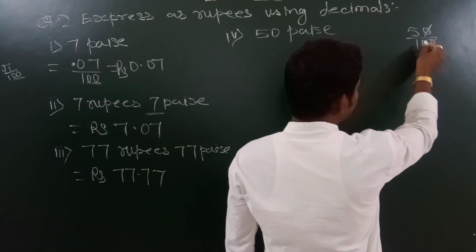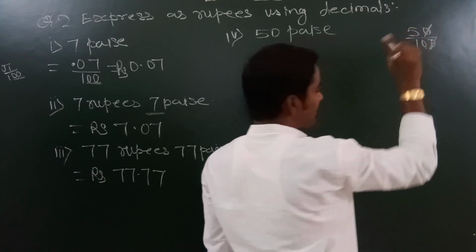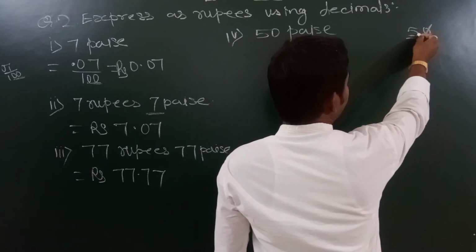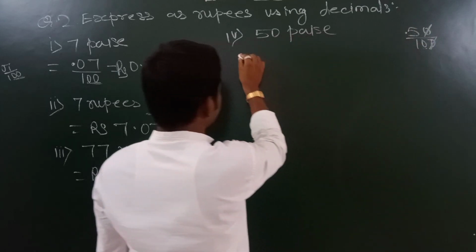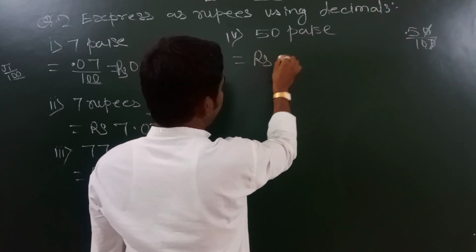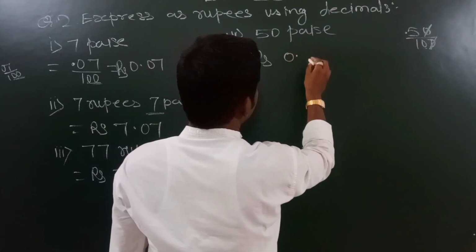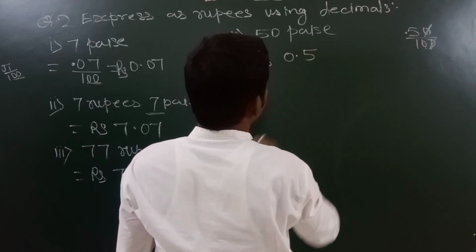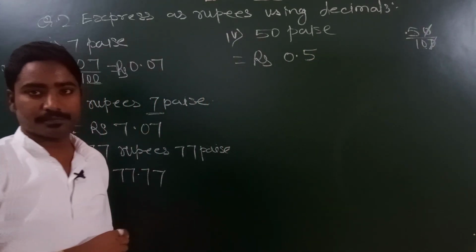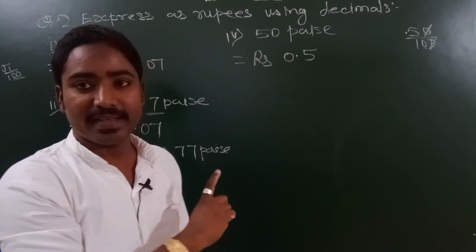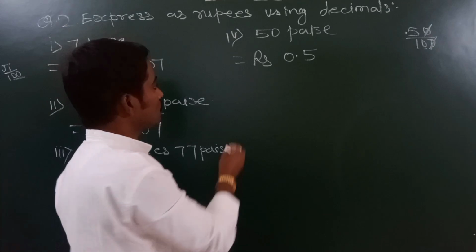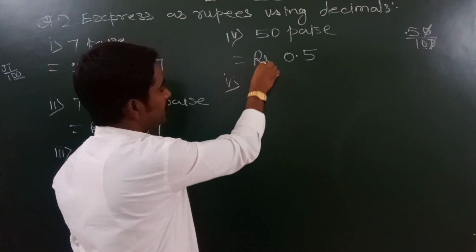Here 1 zero is there, and at the numerator we have 1 digit 5. So start counting 1 digit from here and place the decimal like this. Finally you will have rupees 0.5 as your answer. Now it is no more paise; we have already converted it into rupees.